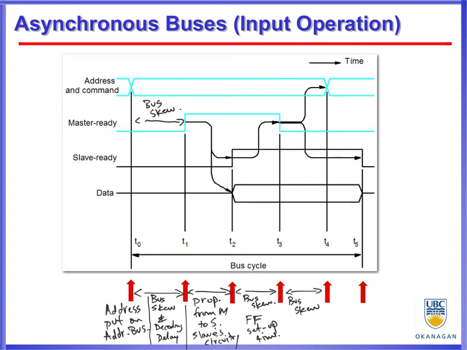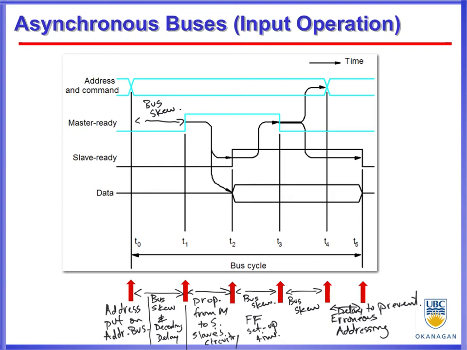Okay, so T4 to T5 is, yeah, you don't want the address command info to change while some devices still see the master ready high. Another way you can say that is erroneous addressing. Delay to prevent erroneous addressing.